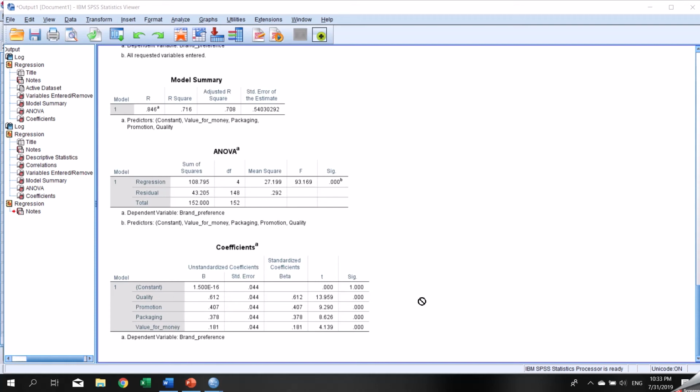In this part, there's an extra question: whether the coefficients are the same between simple and multiple regressions. To help answer that question, we can regress the two variables together. For example, here we can regress quality on promotion.